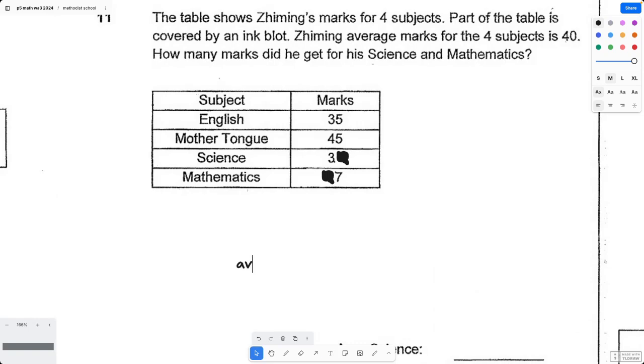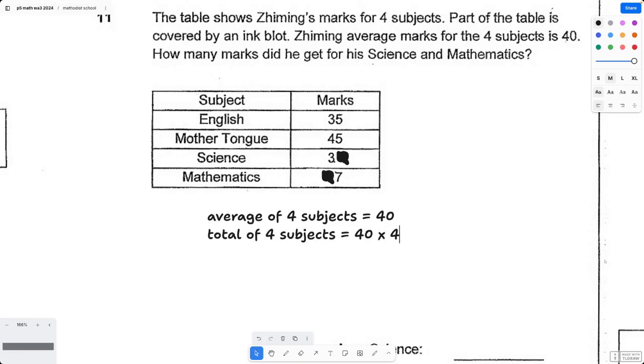We know that the average of 4 subjects is 40 marks, so we want to get the total. Total of 4 subjects is 40 times 4, which is equal to 160.